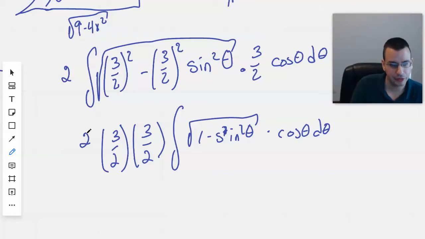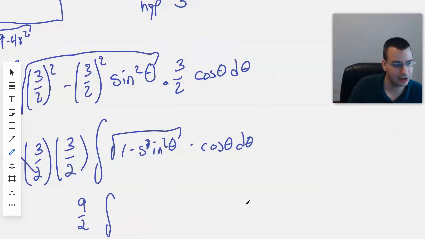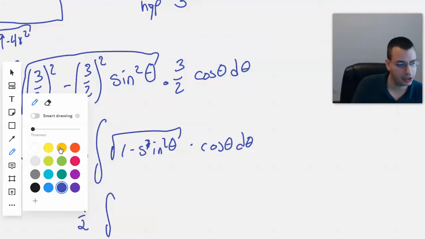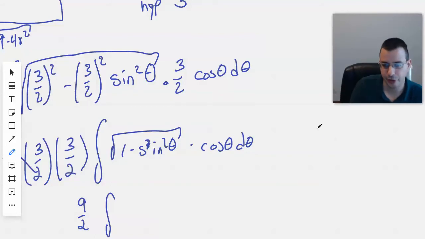So now, cleaning this up a little bit, we'll have 9 over 2 times the integral. This is where my notation is going to go poorly, that's okay. We know the Pythagorean theorem, sine squared plus cosine squared equals 1. So 1 minus sine squared equals cosine squared.